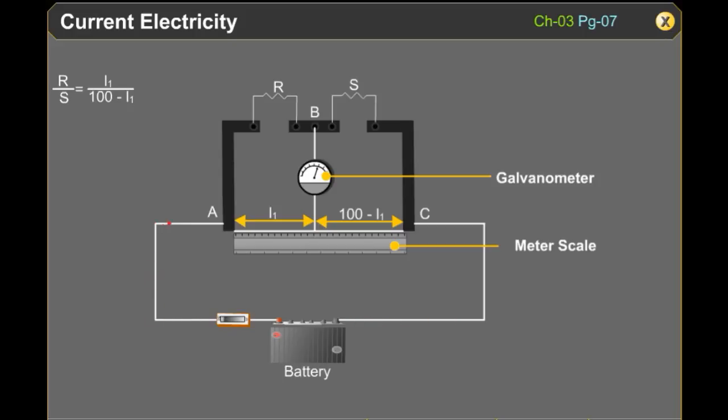Thus, having found out l1, the unknown resistance R is known in terms of the standard known resistance S by R is equal to S l1 by 100 minus l1.